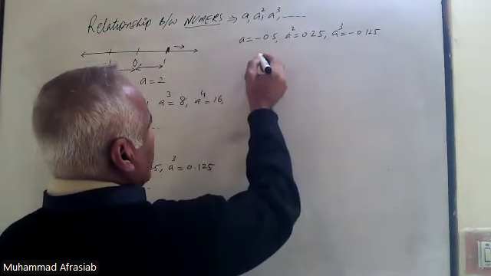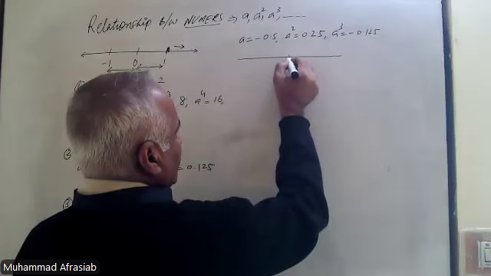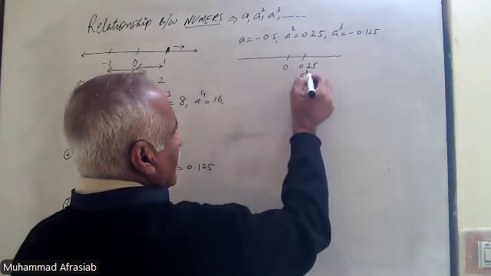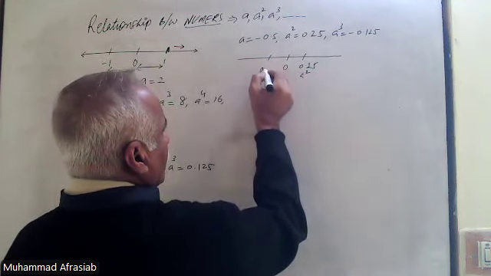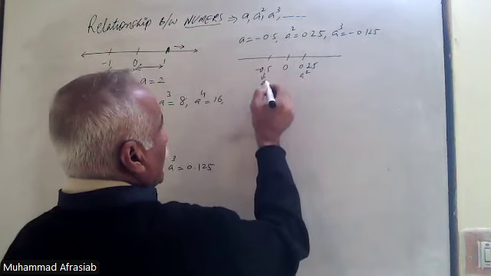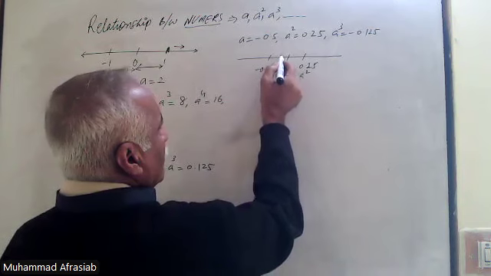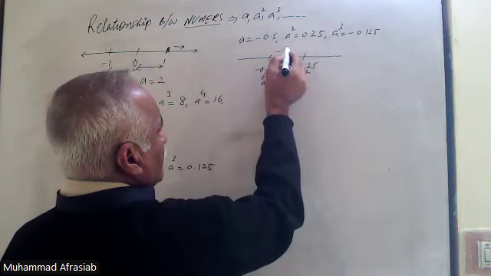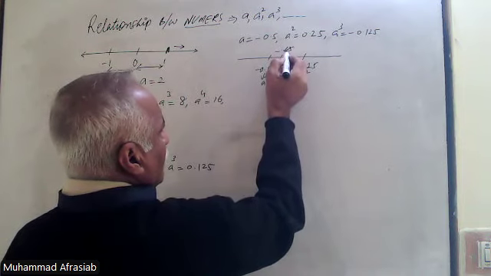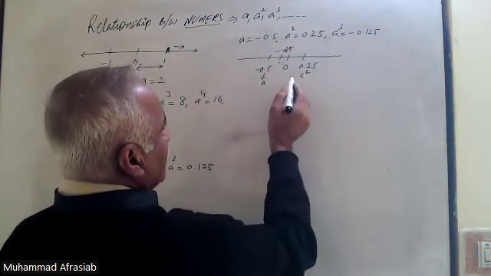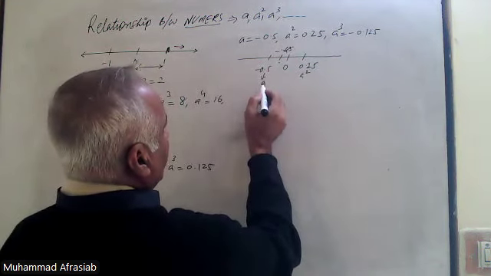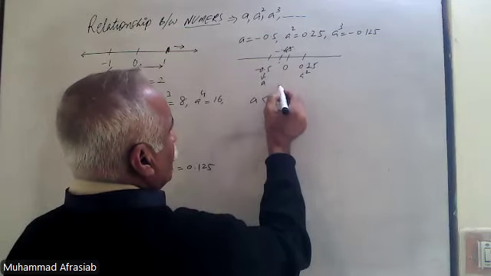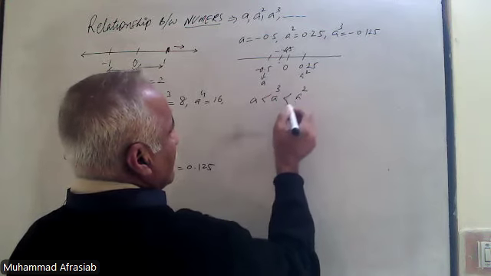So you have seen here that if this is the number line system, this is the origin, this is 0.25, which is the value of a square, and this is the value of a, that is -0.5, and this is the value of -0.125. So a is less than a cube, is less than a square.